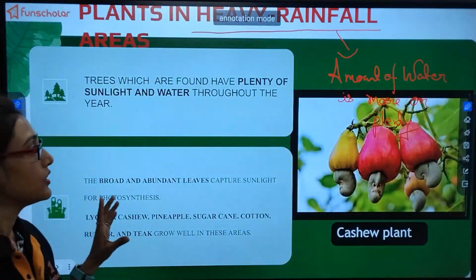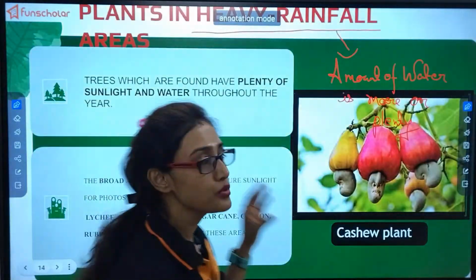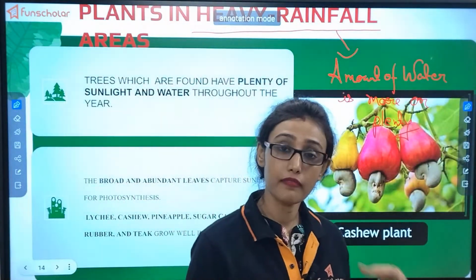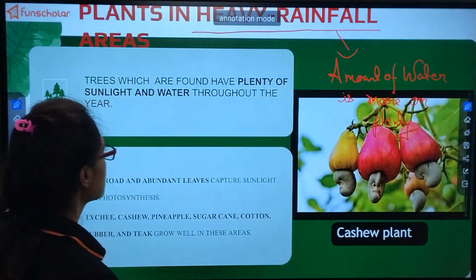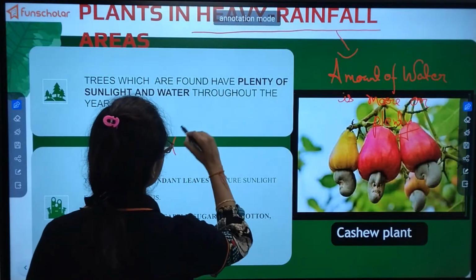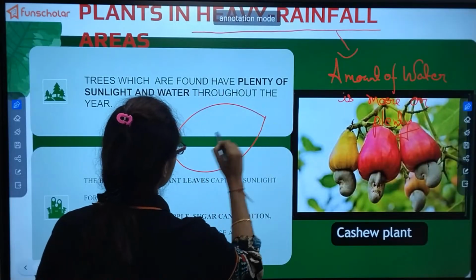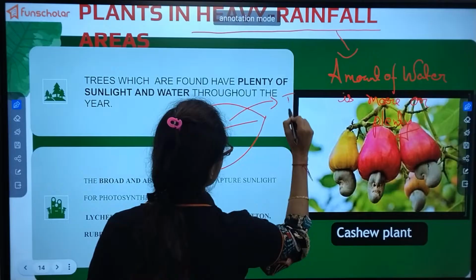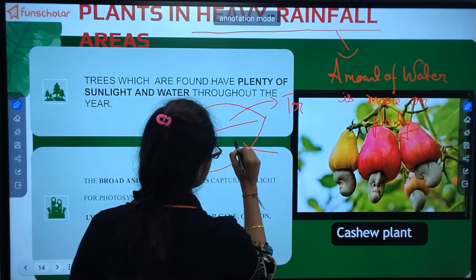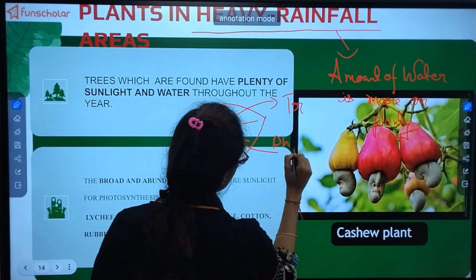So the plants do not need to store water for a long period of time because they will get the water. So trees over here will have obviously broad and flat leaves so that both transpiration and photosynthesis happen properly.